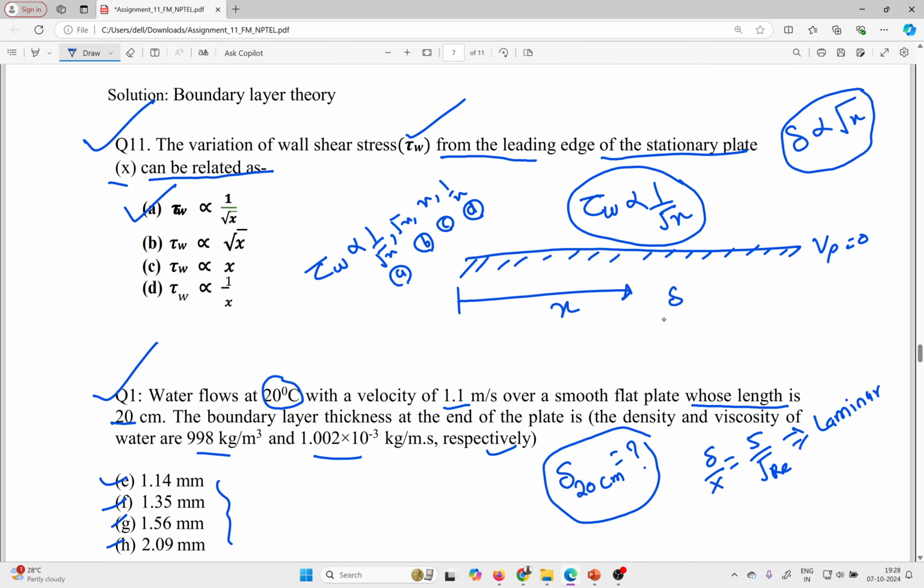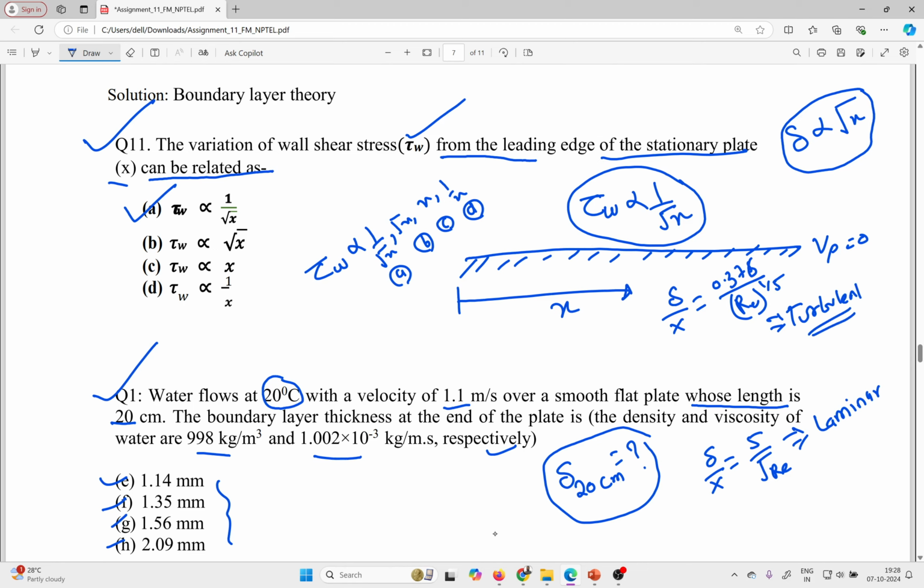Another formula, delta by x equals 0.376 Re to the power 1 by 5, not 0.5. So this is for turbulent.